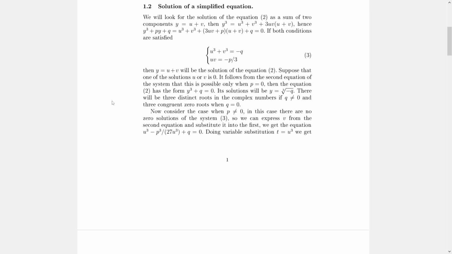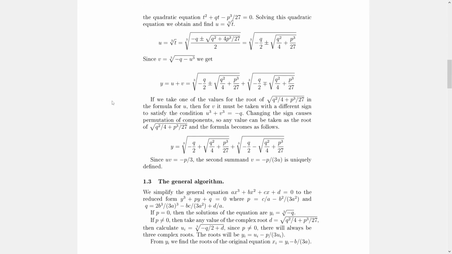Doing the variable substitution t equals u cubed, we get the quadratic equation t squared plus qt minus p cubed divided by 27 equals 0. Solving the quadratic equation, we find u, which equals the cube root of t. u equals the cube root of minus q divided by 2 plus or minus the square root of q squared divided by 4 plus p cubed divided by 27.